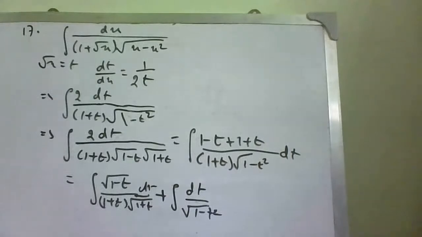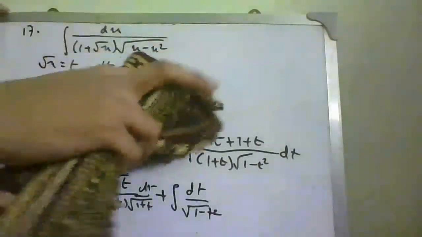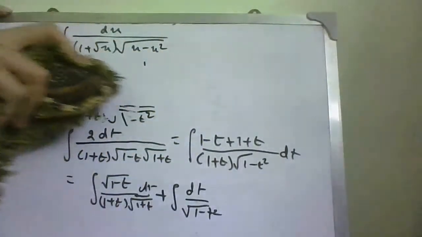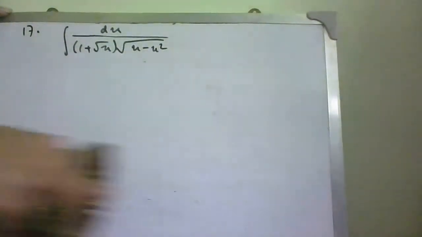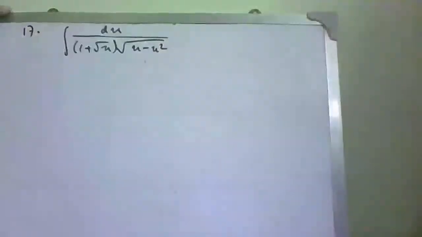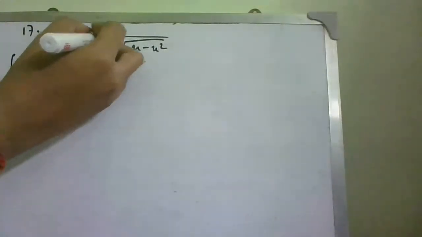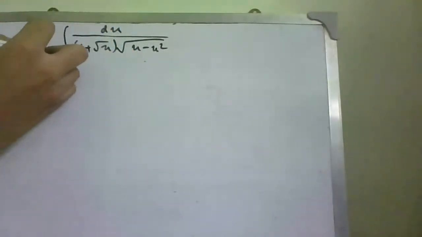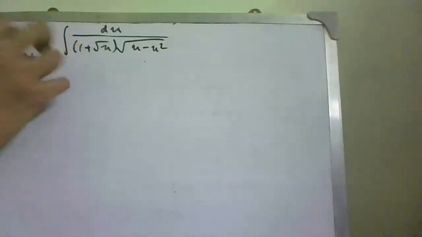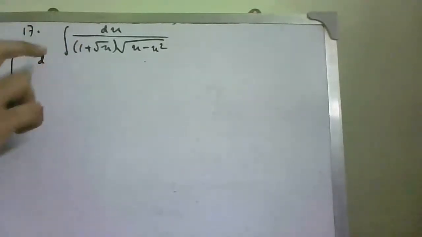Just a second. Let me write it in a fresh manner again. It's actually becoming a bit clumsy. We've assumed that this particular thing is t. So 2t dt, with this t getting cancelled.